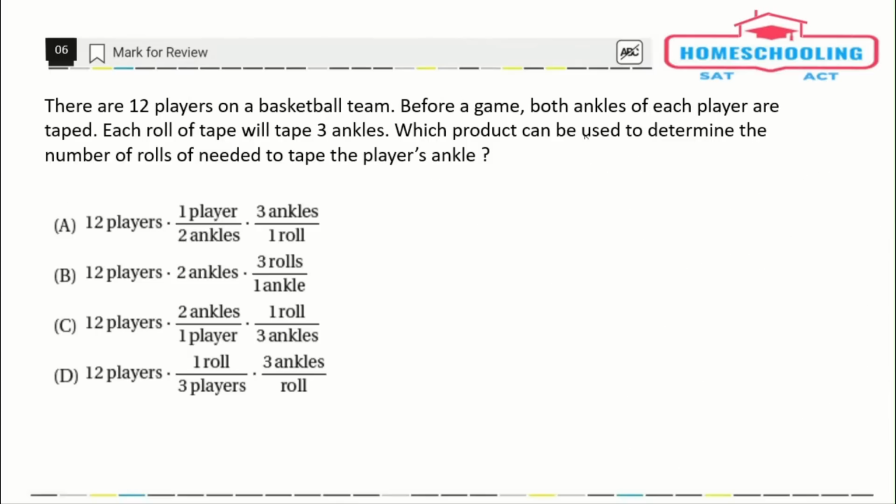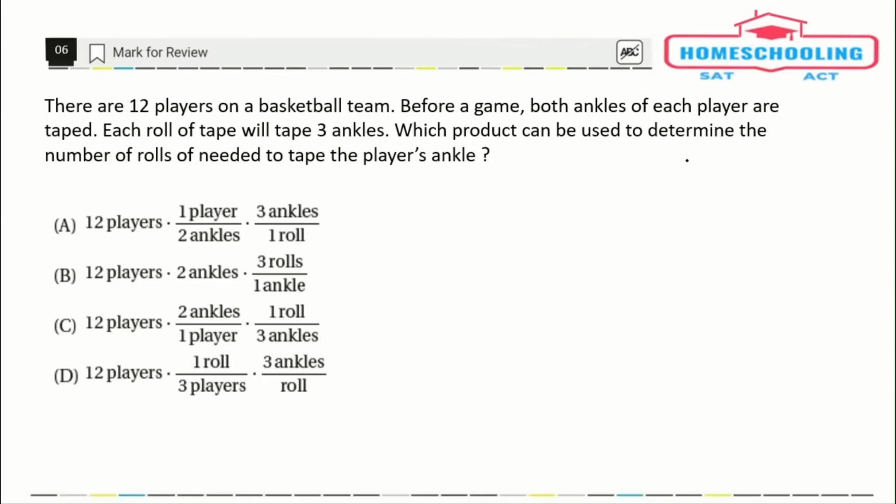Here also we have been given an expression. We are not going to solve it. We are going to see what is asked in the question. The question says that there are 12 players on a basketball team. Before a game, both ankles of a player are taped.